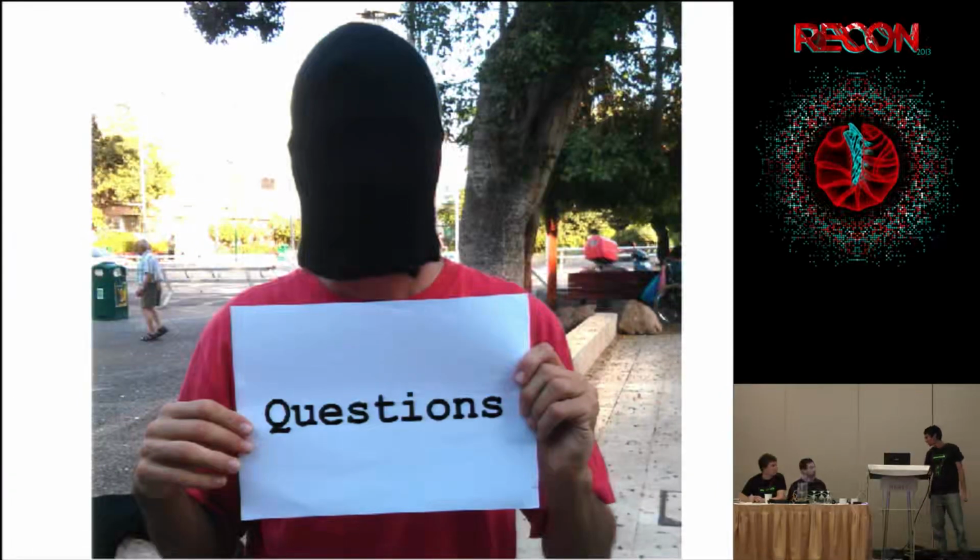Do you want to answer that? You looked at it a bit. To answer that, the only way you could do it is by replacing the file. Okay. So the question was if we could do any persistency with the rootkit inside the firmware itself.